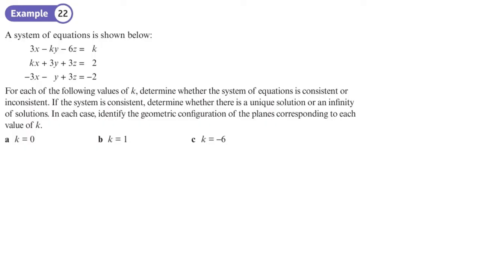Okay, so in this example, we have a system of equations. Here, for each of the values of k, determine whether the system of equations is consistent. That means either that there's one solution or many solutions. That's what we need to decide.